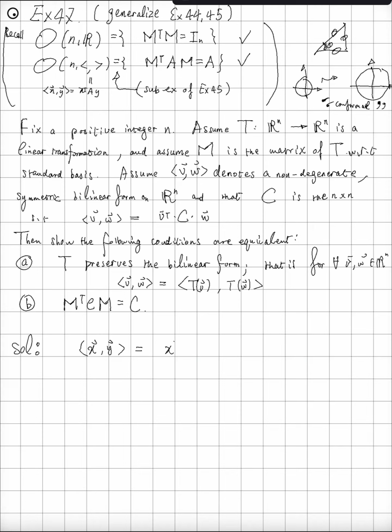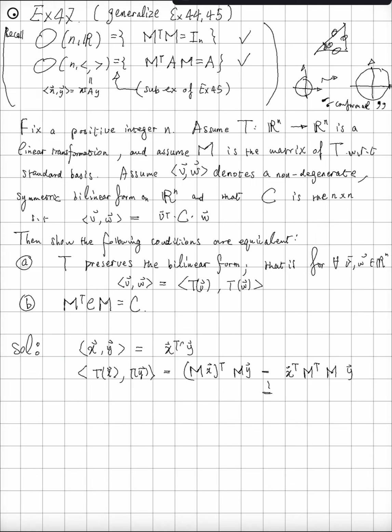The form of Tx and Ty is (Mx) transpose (My), so this is X transpose M transpose M Y. Wait for a while.